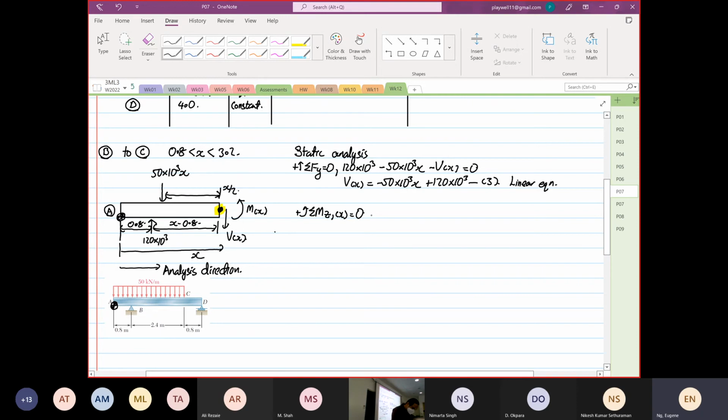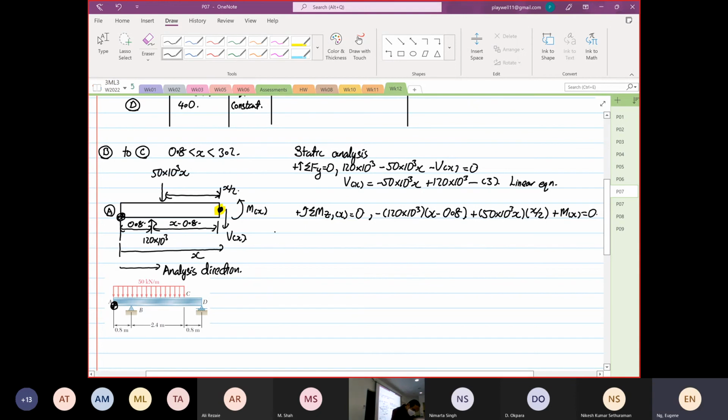So minus 120 times 10 to the power 3 multiplied by x minus 0.8. Plus the 50 times 10 to the power 3 x multiplied by x over 2. And then plus M as a function of x, the whole thing is equal to 0.